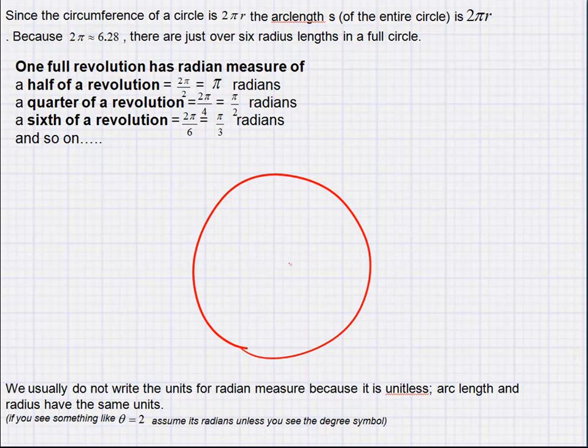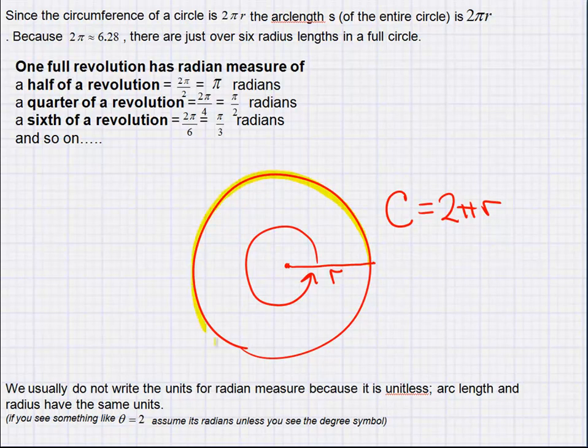Well, if you think about a full rotation around the circle, if I went all the way around the circle, this is the radius of my circle. The distance traveled all the way around the circle is called circumference, and the formula for circumference is 2 pi r. So if I'm traveling all the way around, that distance I traveled we call circumference, but really it's arc length too. This is the same thing as s.